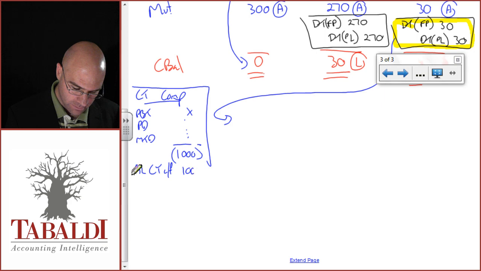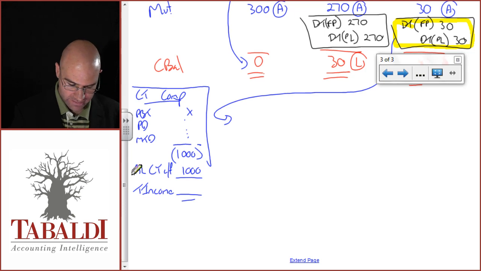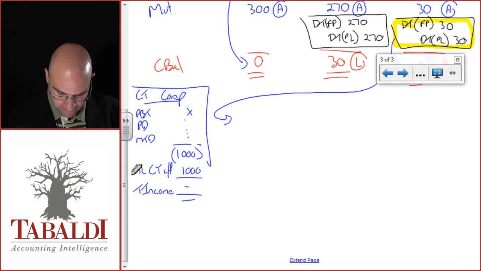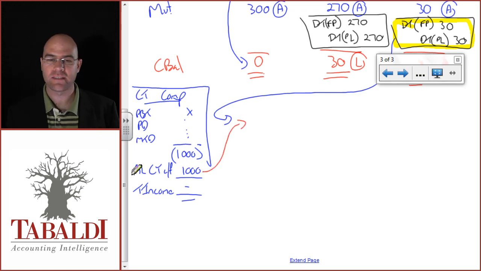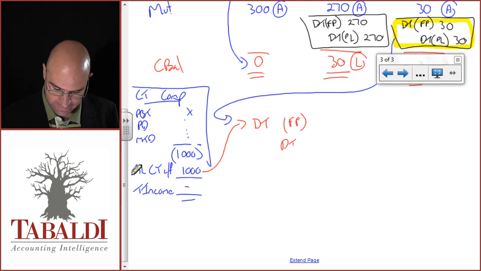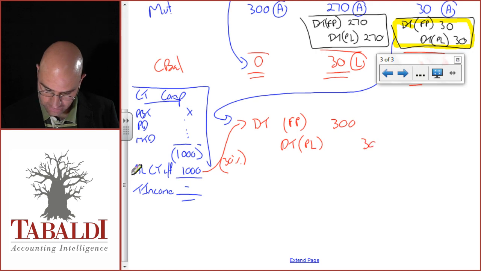I would add that 1,000 back to get to taxable income, excuse my abbreviation, space is a bit tight, of 0. So the journal that I would first pass from that 1,000 is debit deferred tax, financial position, credit deferred tax, profit and loss. We're assuming a 30% tax rate here, and that would have given me a deferred tax asset of 300.